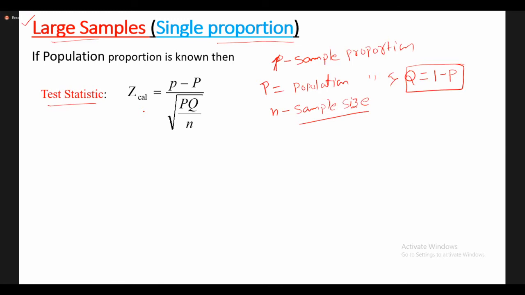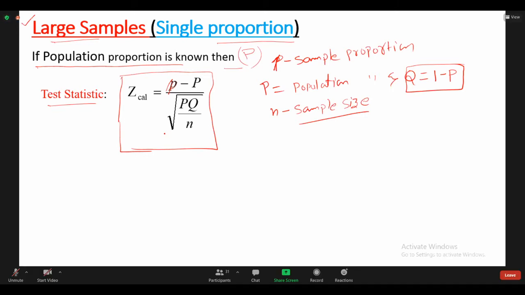If the population proportion capital P is known, then the test statistic formula is Z calculated equals small p minus capital P divided by the square root of capital P into capital Q by n.